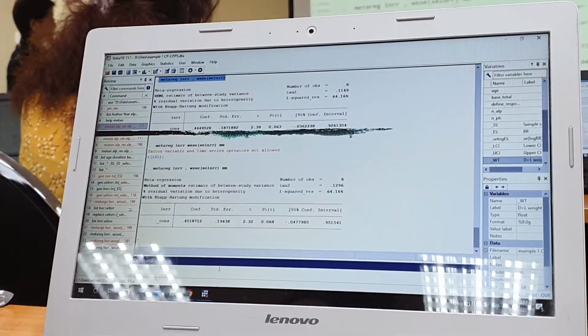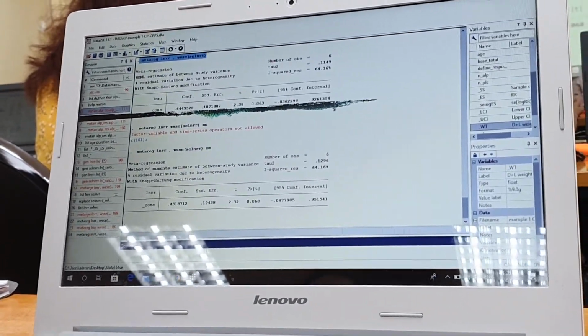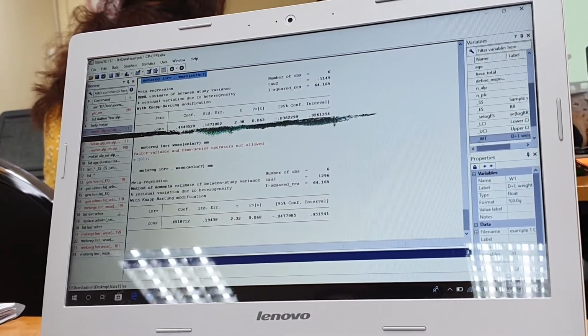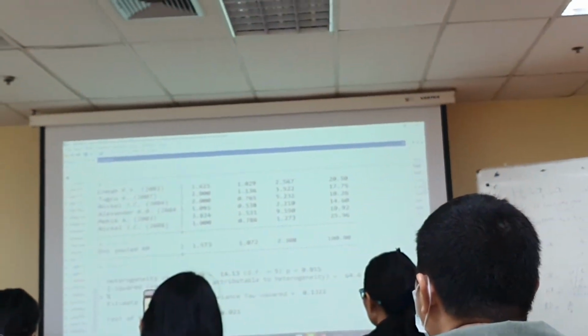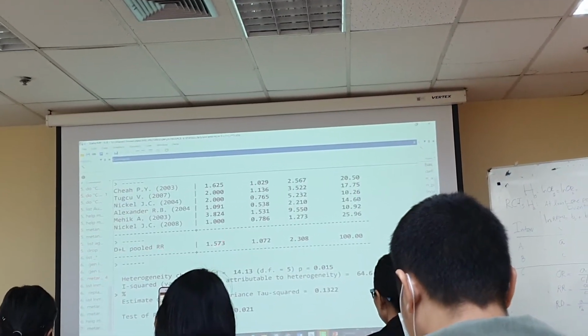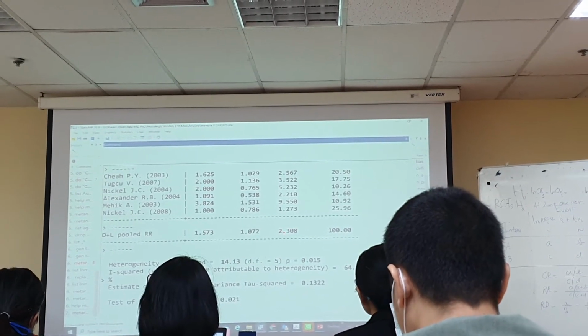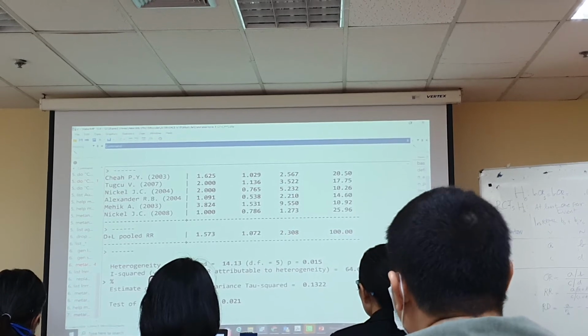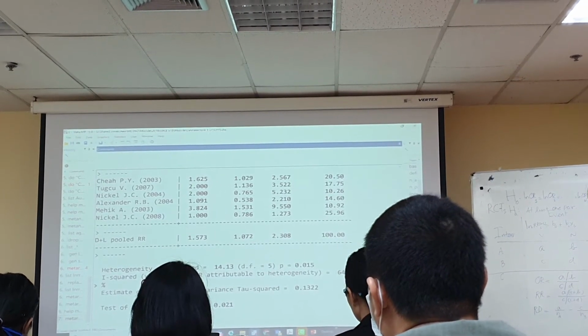I forgot to mention, if you move up to your result from the meta n command, from this one, the lower limit is 1.07 and the upper limit is 2.31. This is from the standardized normal test.